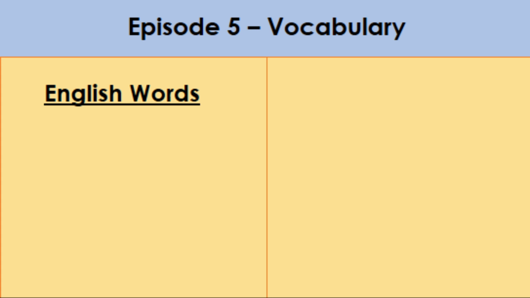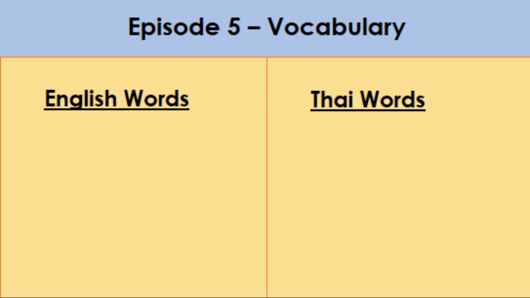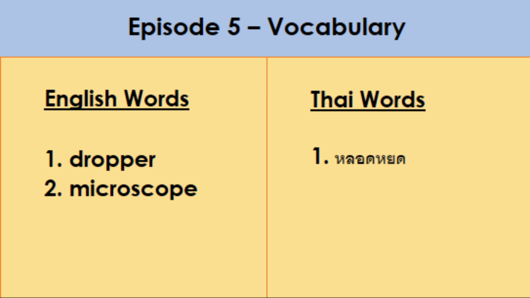Now we will translate the English words into Thai words. Number 1, dropper. What does it mean in Thai? A dropper means... very good. Number 2, microscope.